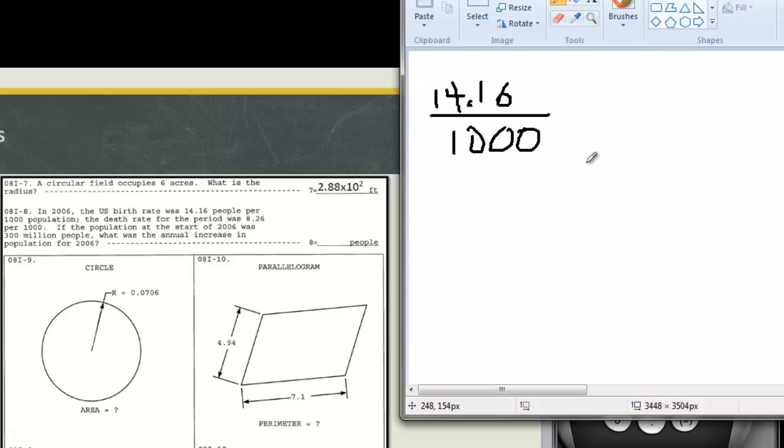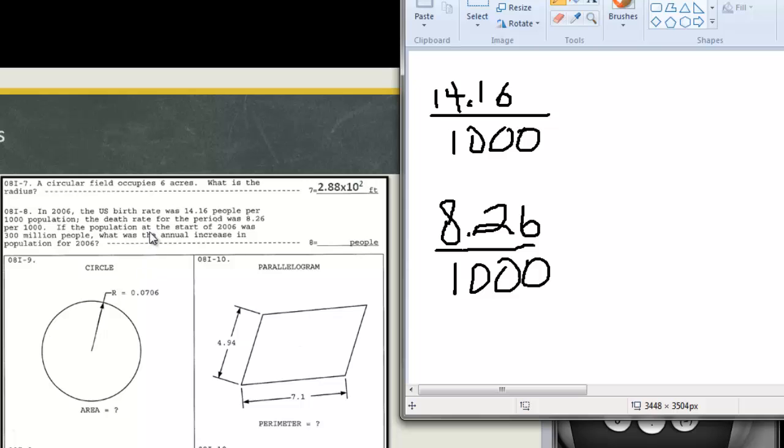Okay, the death rate was 8.26 for every 1,000 people. And in 2006, it all happened in 2006, the population started with 300 million people. I'm sorry, 300 million.